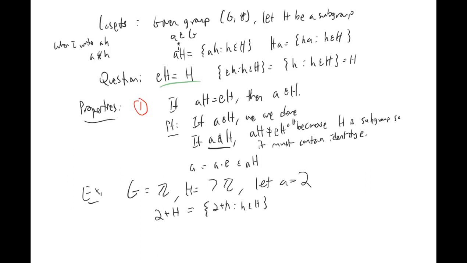So it's the set of numbers that, when you divide by 7, have remainder 2. Is everyone clear on this?